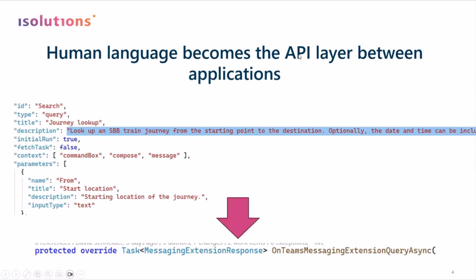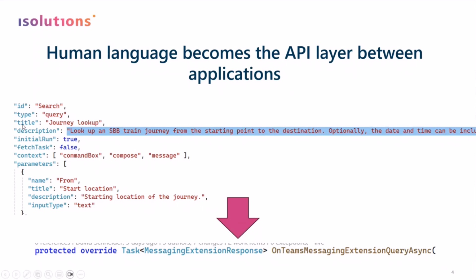Just one thing that really amazes me about Copilot and the integration of this plugin is that human language becomes the API layer between applications. Before, when we wanted to connect to a system, we had to write code.